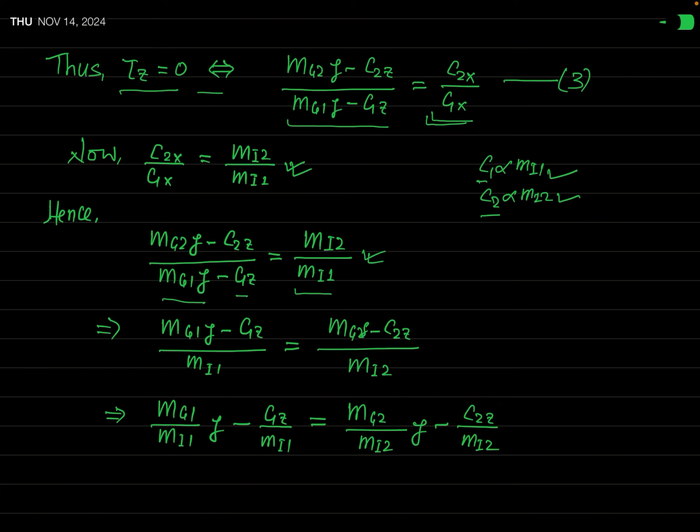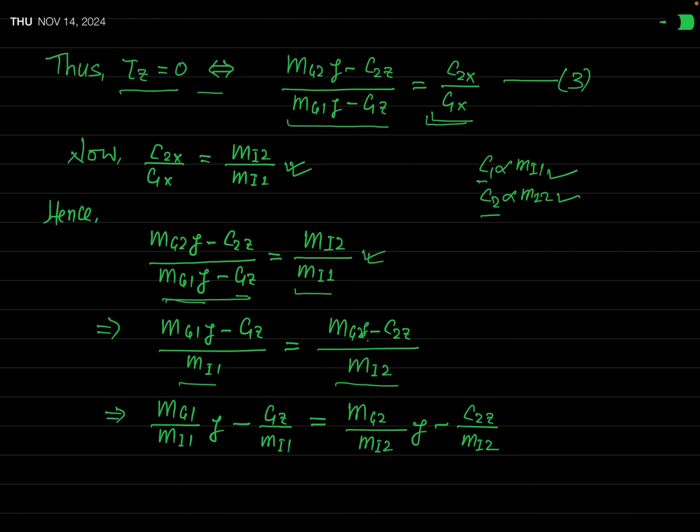Okay. Now let us simplify this result to some extent. You can see, if you bring this factor mg1 times (small g minus c1z) in the numerator and divide it by mi1, then this will be equal to mg2 times (small g minus c2z) over mi2. Okay. Now divide both the terms in the numerator by this mi1 separately.